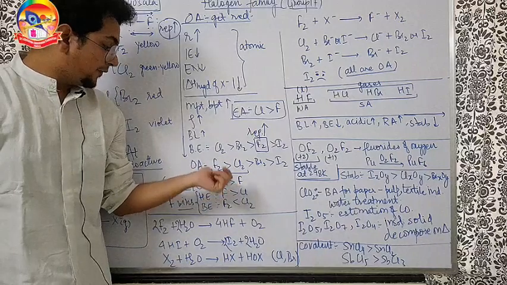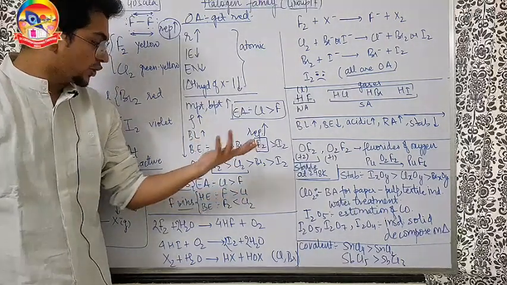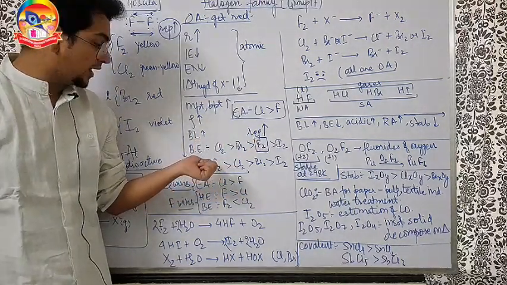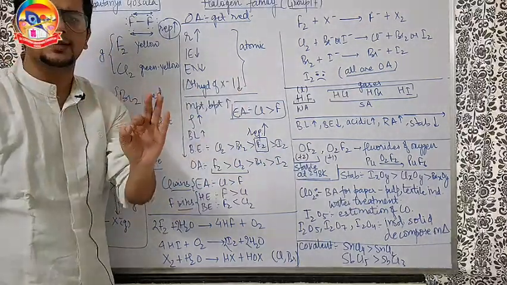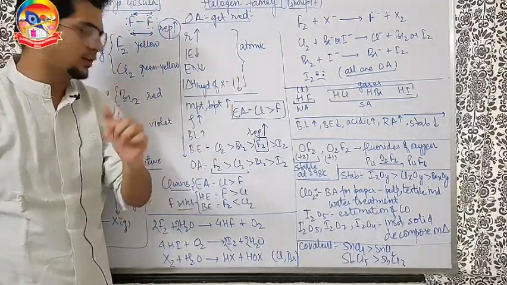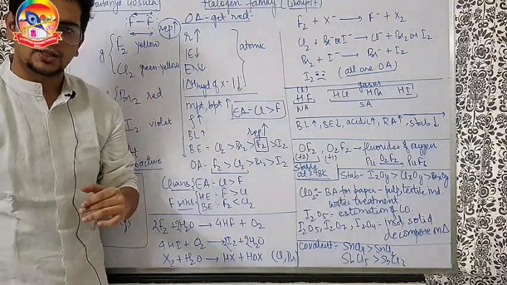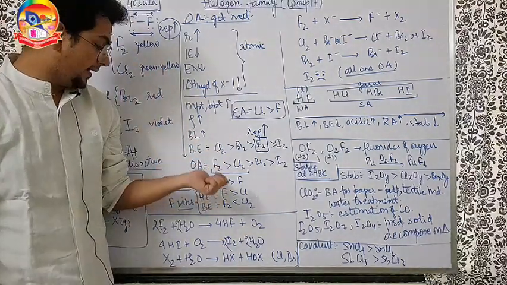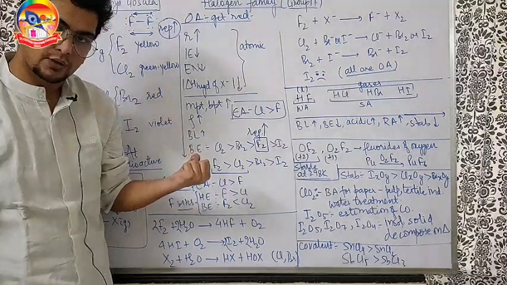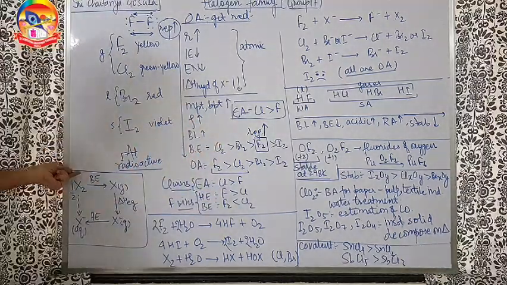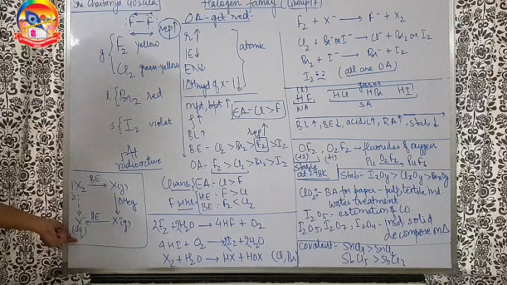So if the electron affinity of chlorine is more than fluorine, a question arises: in the oxidizing agent nature, fluorine is the best oxidizing agent. In fact, in the whole electrochemical series, in the electrochemistry chapter also, you will learn fluorine is the best oxidizing agent. The question arises, why, even though chlorine has more electron affinity, more love for electron? More love for electron means easily converted to X minus.